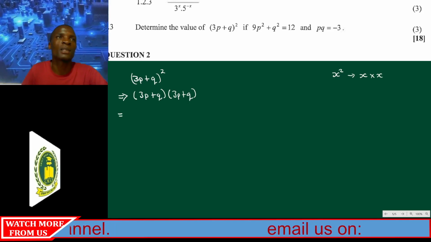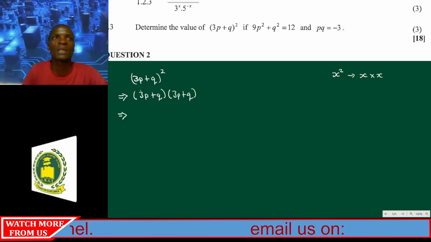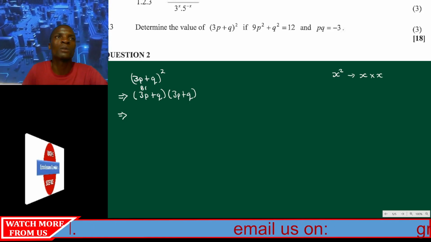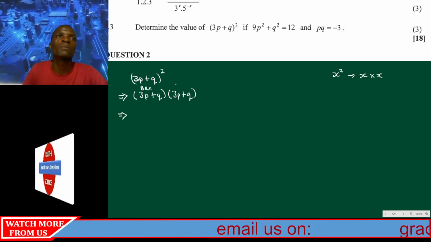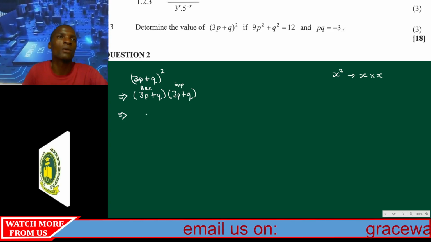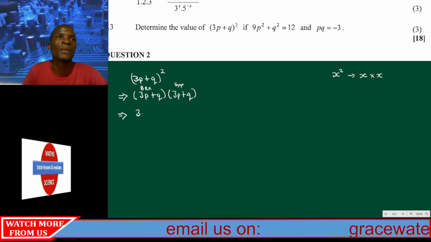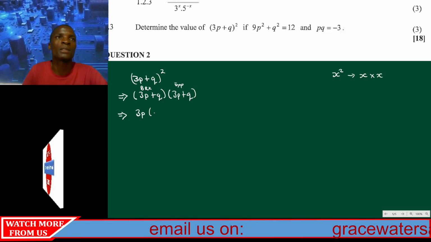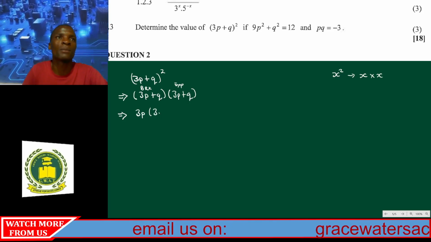Then the next stage is when we are now expanding these brackets. Do not worry guys, I told you that when you have two brackets or more, you just break the first one so that you can expand the second one. Let us do that quickly. 3p is the first component, it gets into the second bracket, 3p plus q.